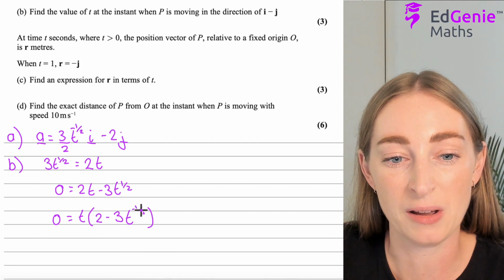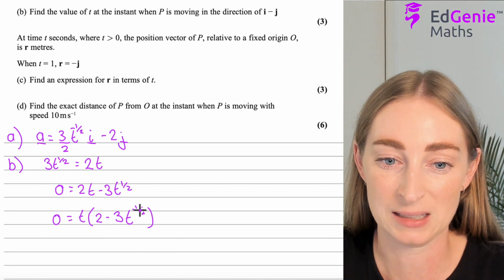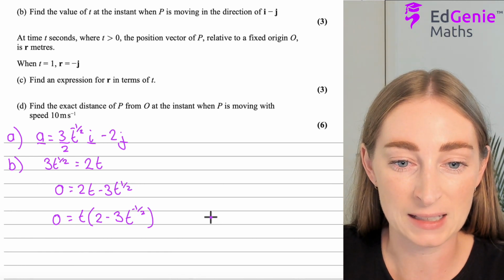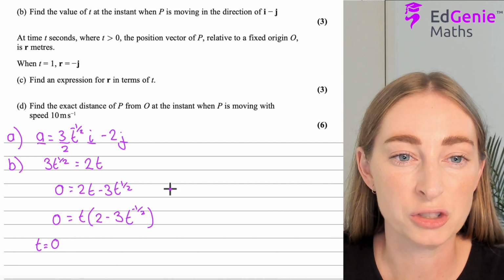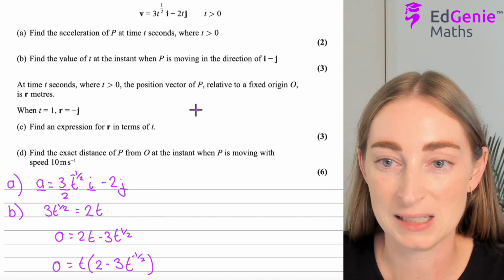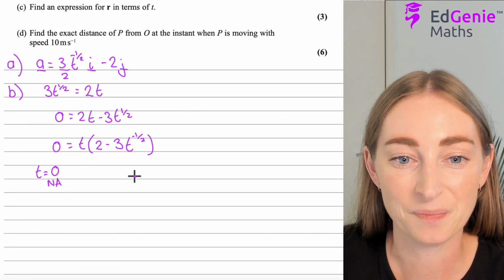Because if you multiply them out, you would add the powers, so it'd be 1 plus negative a half, which will give you a half. So that means that t equals 0, but looking at the question, it says that t is greater than 0, so that one isn't valid, so we can put NA.